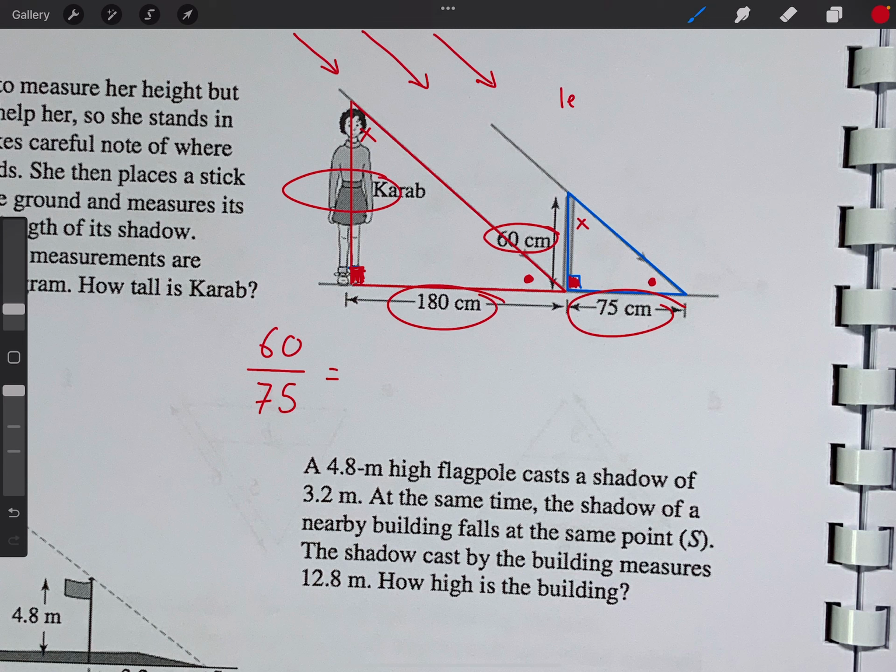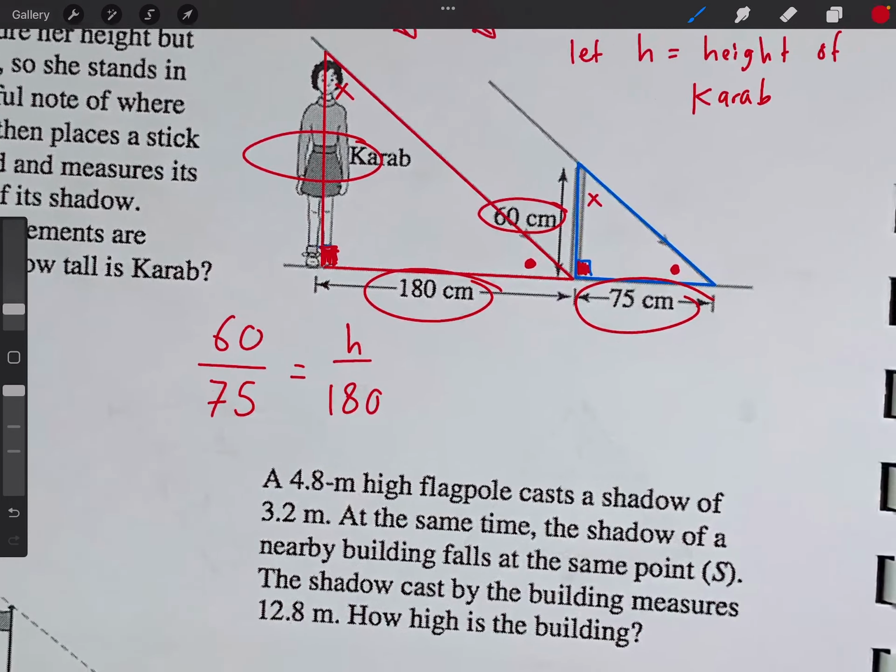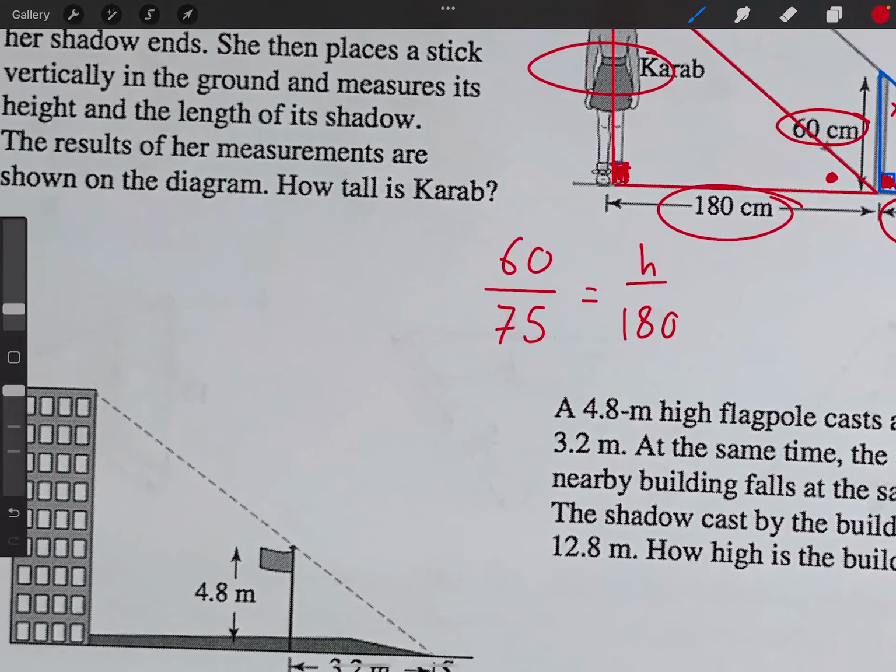So let h equal the height of Karab. So that'll be h over 180. And they're all in centimeters, so we can just leave it like that. Okay, now we can work out what h is by using cross multiplication.